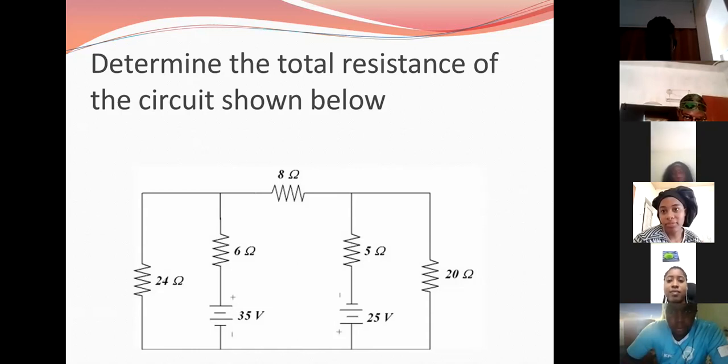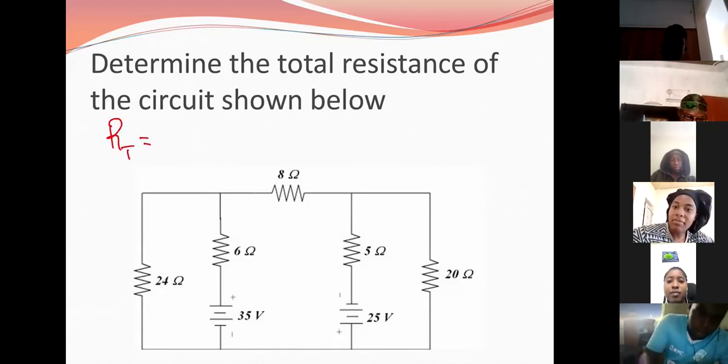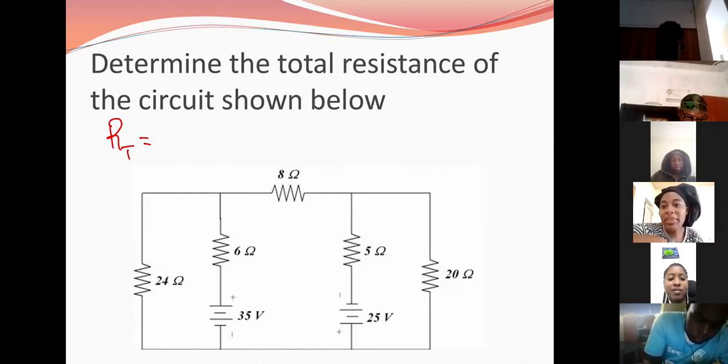If I ask you for the resistance equation, how do you start? So RT. Sir, I'm not entirely certain, but I'll try to separate the two sides, like with two loops, and then I do the inside.